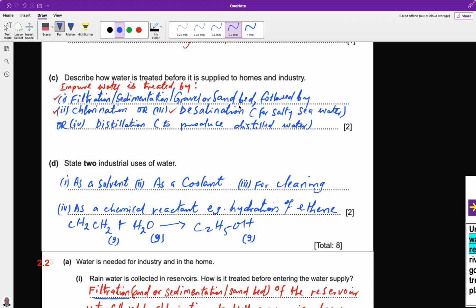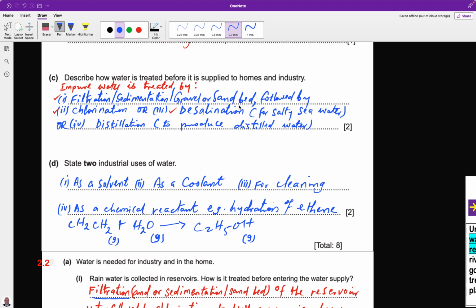So after filtration and the sedimentation to remove the larger particles, it will now be followed by sandbed to remove smaller particles. And after that, what is now followed? Chlorination.